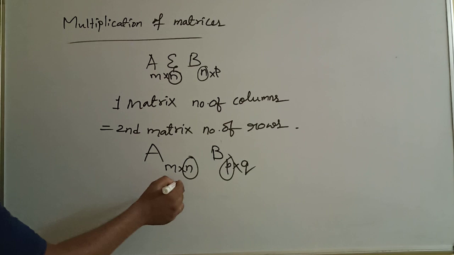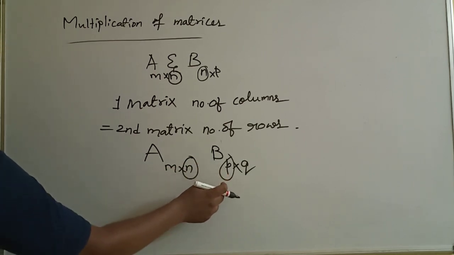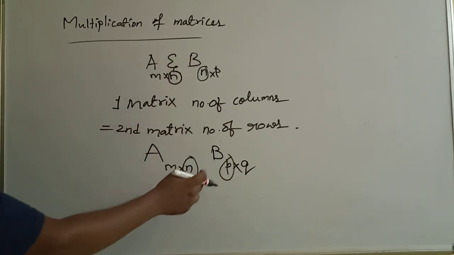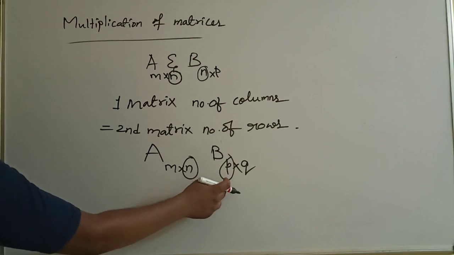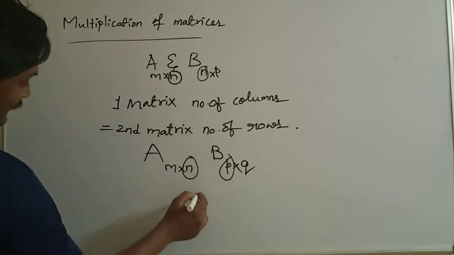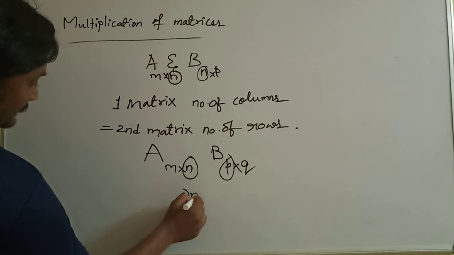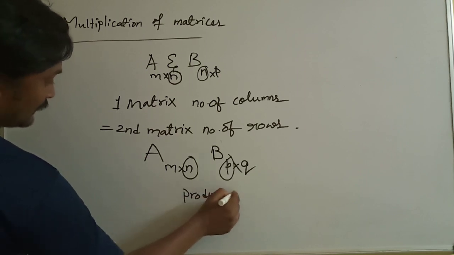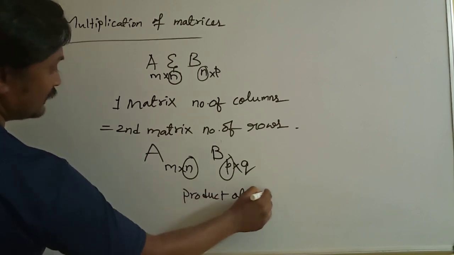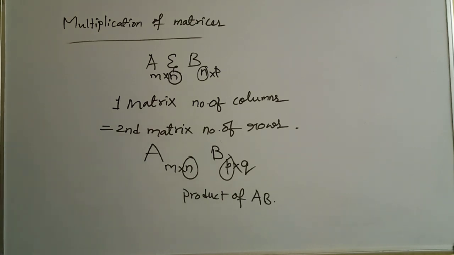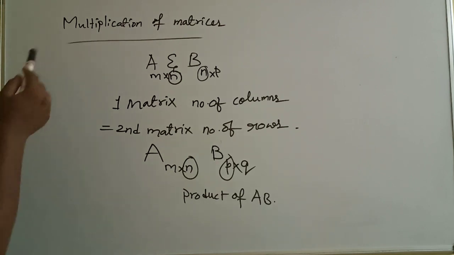So the number of columns is not equal to the number of rows of the second matrix. Therefore, we cannot find the product of AB. Or we can say that we cannot multiply two matrices. So this is about multiplication of matrices.